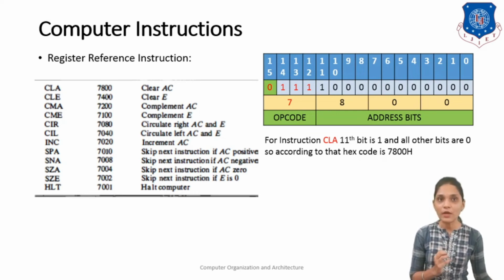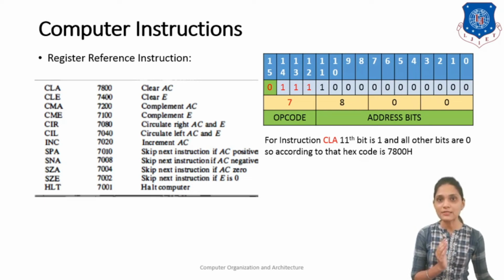For the next 12 bits, we have a total of 12 instructions, and for each instruction, exactly 1 bit will be 1 and all the rest of the bits will be 0. So if we consider the CLA instruction, your 11th bit is 1 and the rest of the bits are 0.